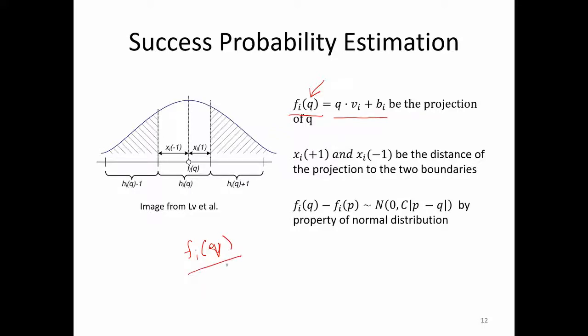Then you divide this by W, and then you take the floor, right? So this is your Hi(Q).